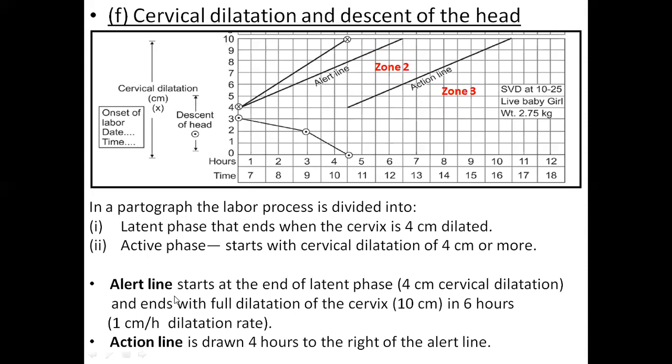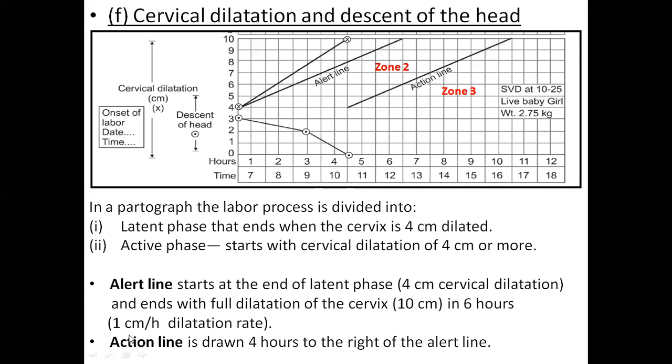The alert line starts at the end of the latent phase, that is from the 4 centimeter of cervical dilatation, and ends with full dilatation of the cervix, that is 10 centimeter, which should be done in 6 hours duration. Means in 6 hours it should be 10 centimeter.